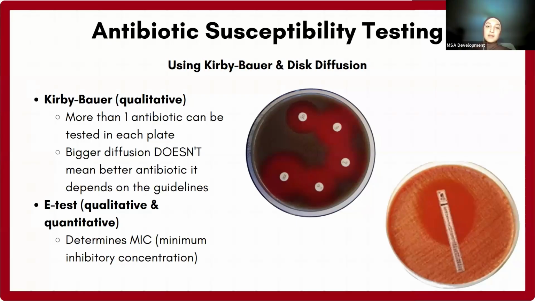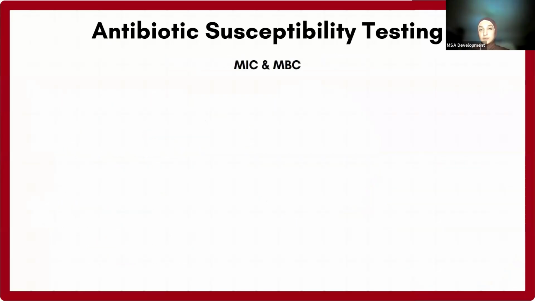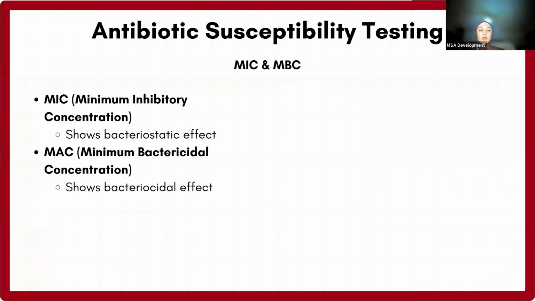Okay. Last test for antibiotic susceptibility testing is MIC and MBC. We talked about MIC, and as I said, it's the minimum inhibitory concentration, and it shows bacteriostatic effect. MBC. Sorry, this is wrong. MBC is minimum bactericidal concentration, and this shows bactericidal effect.